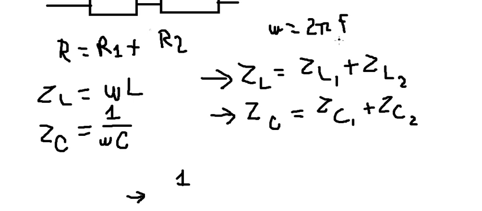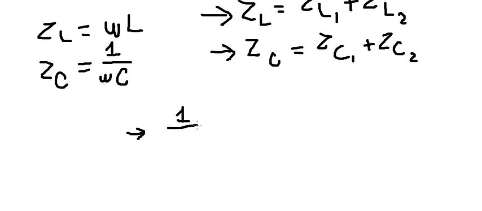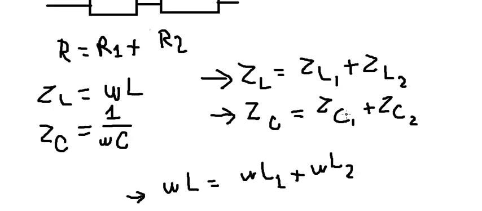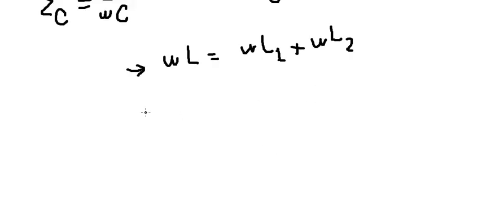So that means omega will be the same when we change ZL into omega L equals omega L1 plus omega L2, because ZL1 is similar for this one. So if we change L1, this one we have L1, similar for the second one.